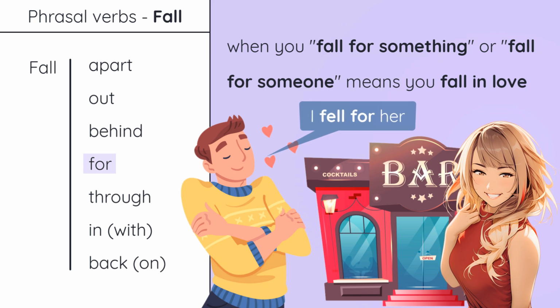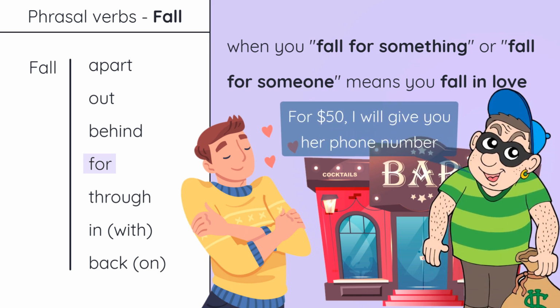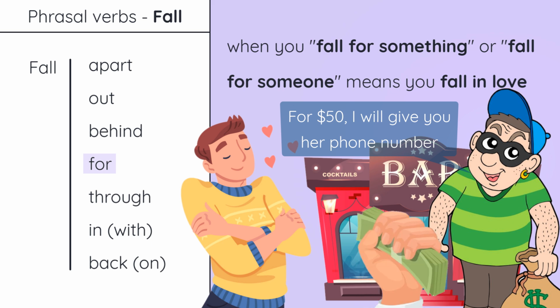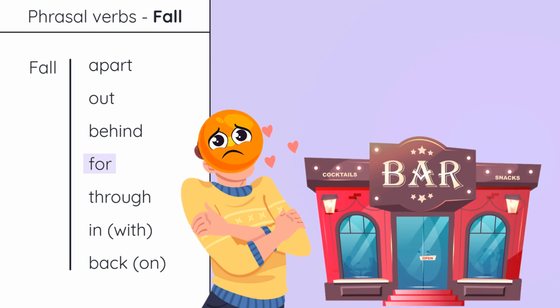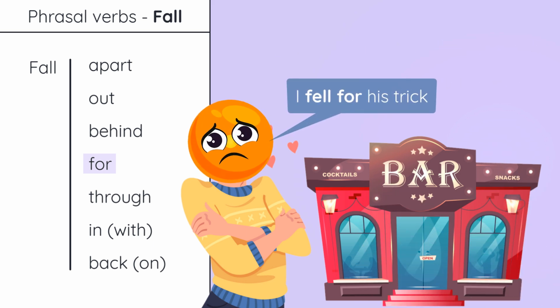But then her friend came and told me that for $50, he will give me her phone number. So I gave him $50, and he ran away. I fell for his trick. Okay? So fall for means believe something that is not true. Means believe in a trick or fall in love.